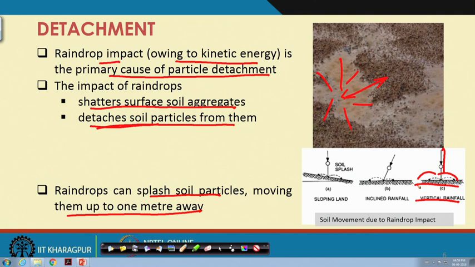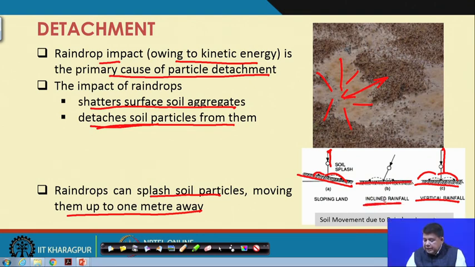But there can be two more cases. One, rainfall is vertical, but the land is sloping. In that case, on the downslope there will be much more splash as compared to the upslope. Similarly, the surface could be horizontal, but the rainfall itself could be inclined because of wind impact, which we already saw in the previous class.